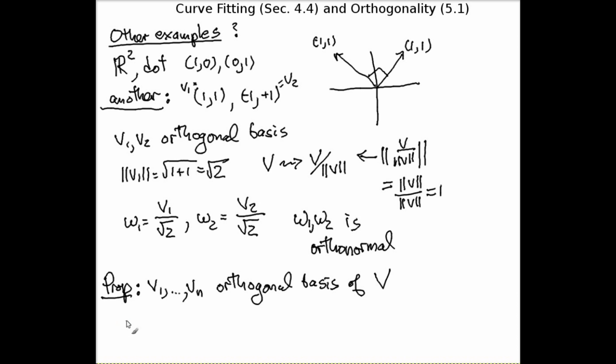Then you can easily get an orthonormal basis just by scaling: v1 over the length of v1, up to vn over the length of vn, is orthonormal.